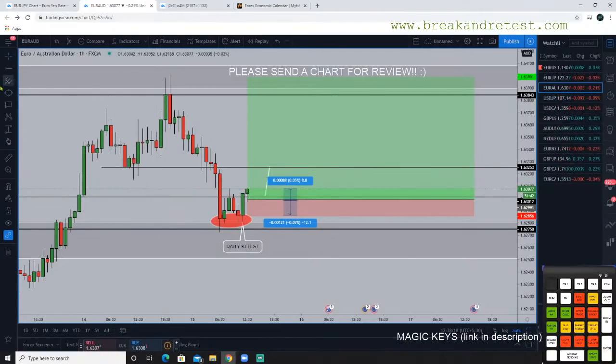So until we reach these wicks here where price got rejected, then I'll move my stop to break even and maybe secure some. That's what I think I'm gonna do.